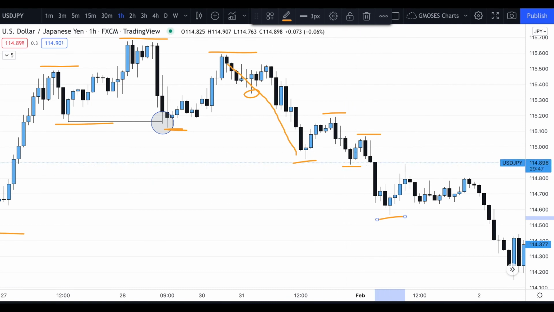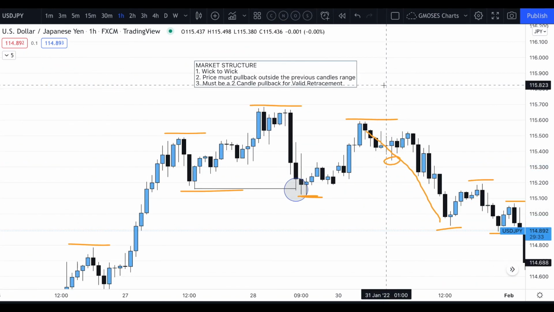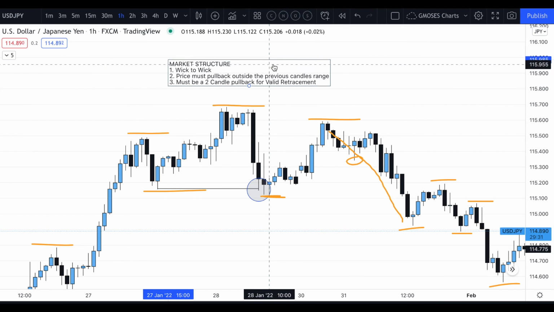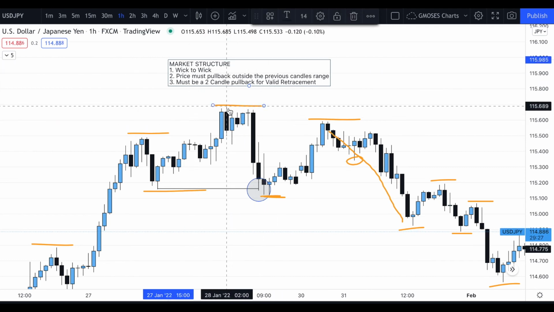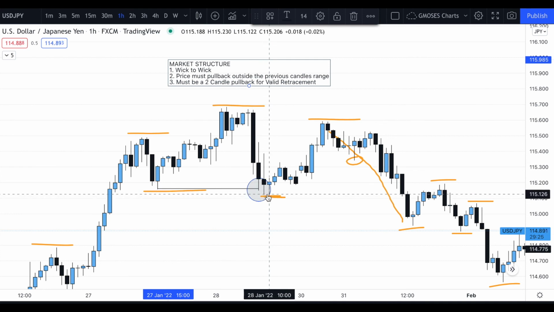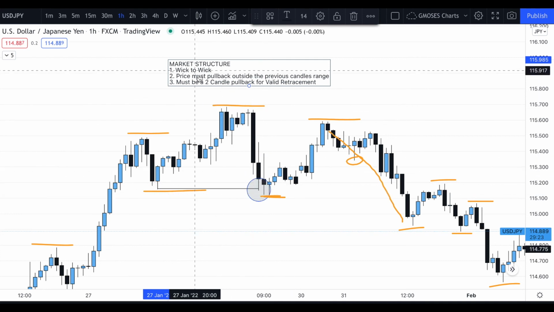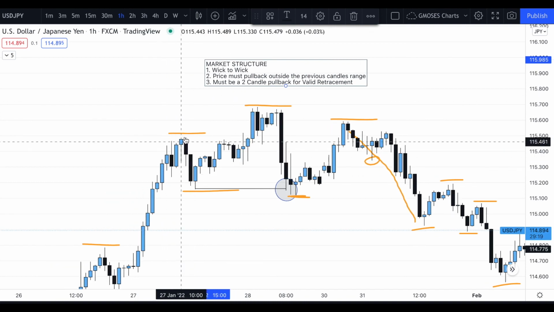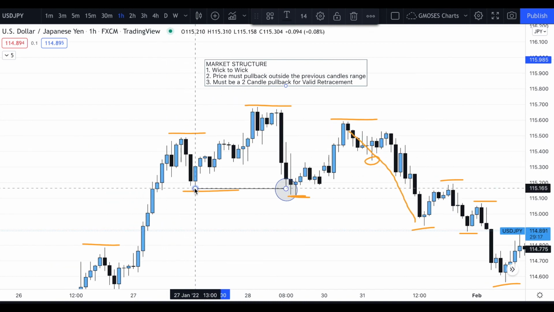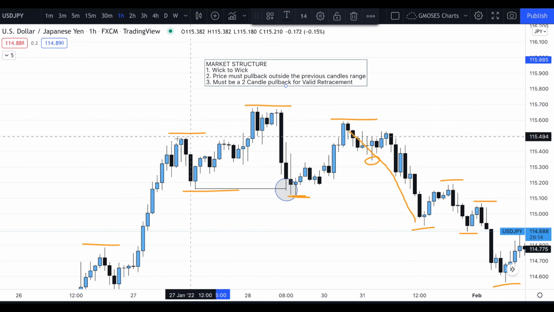Okay. Now, let's go ahead and recap, you guys. Going back and looking at our rules, when looking at market structure, we want to make sure we concentrate on the wicks. Like I said, from wick to wick. Price must pull back outside of the previous candle's range, meaning that if we have a higher high here and a higher low, the next structural point must break the previous candle's range, okay?